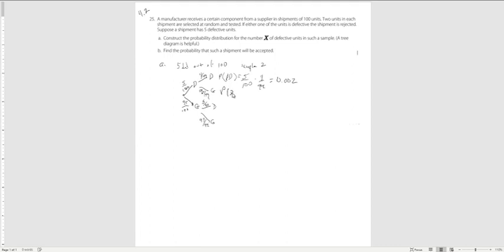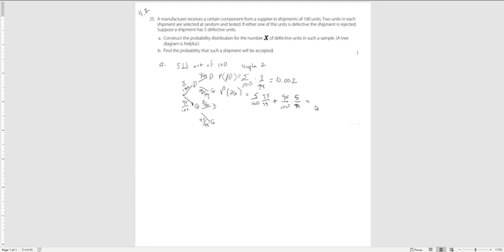So the probability that we have a defective and a good is going to be, let's see, the first one could be defective, which is the product of these two, or the first one could be good and the second one defective, so 95 over 100 times 5 over 99.